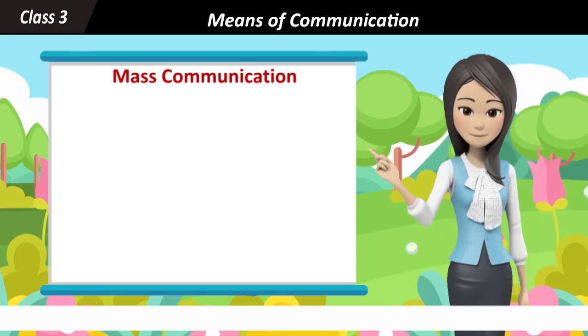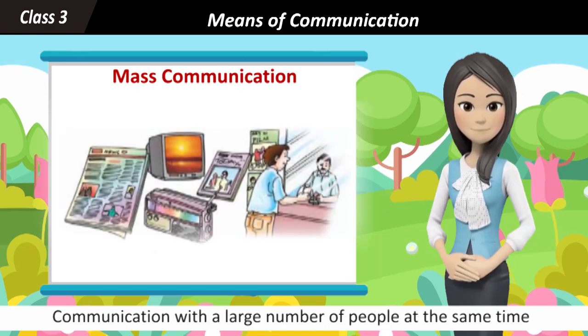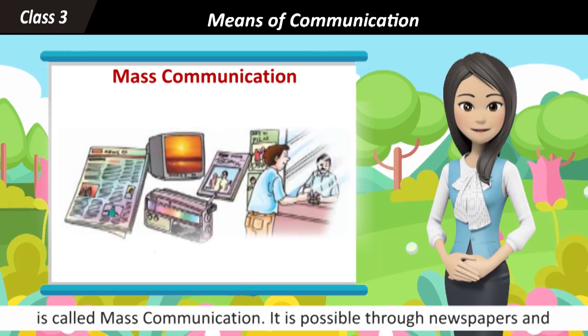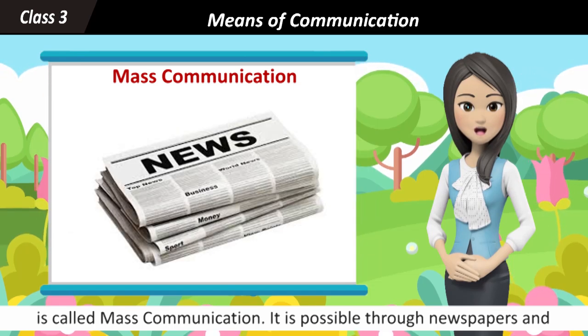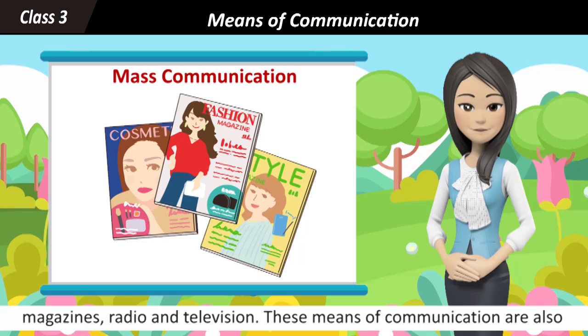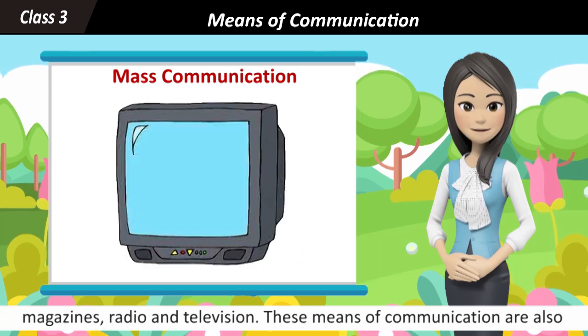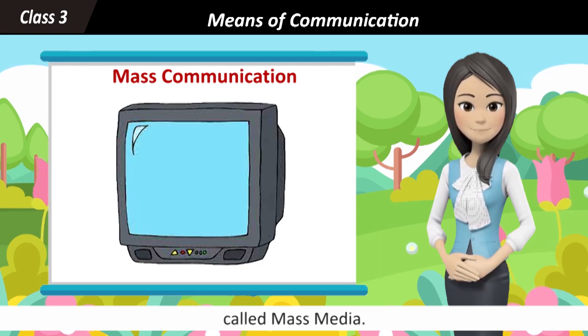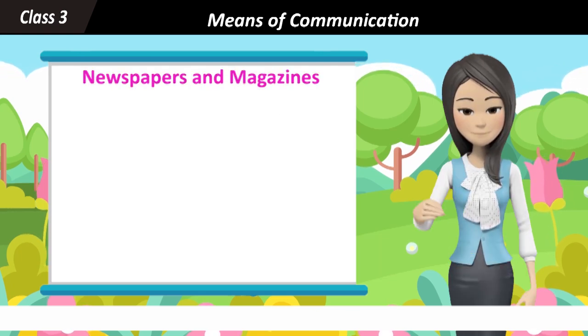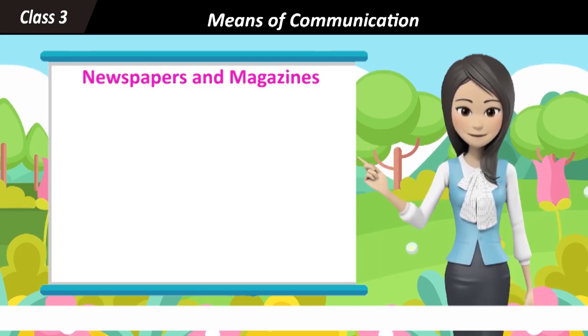Mass communication. Communication with a large number of people at the same time is called mass communication. It is possible through newspapers and magazines, radio and television. These means of communication are also called mass media. Newspapers and magazines.